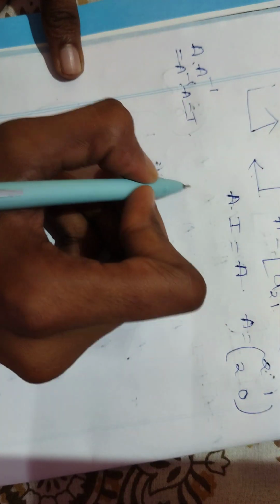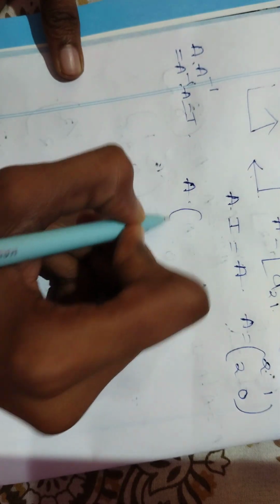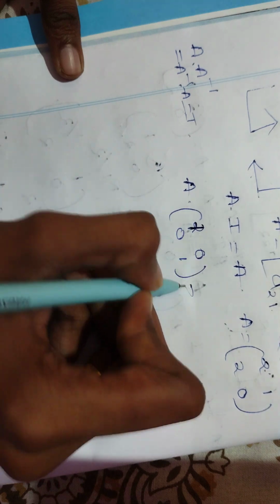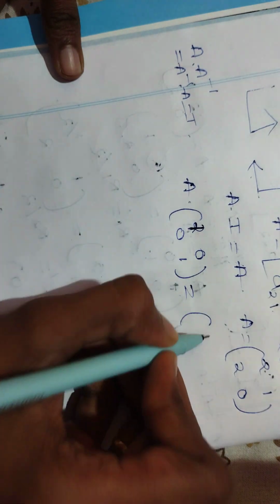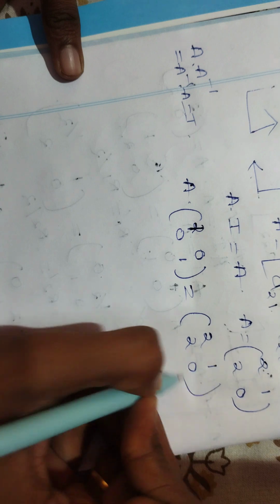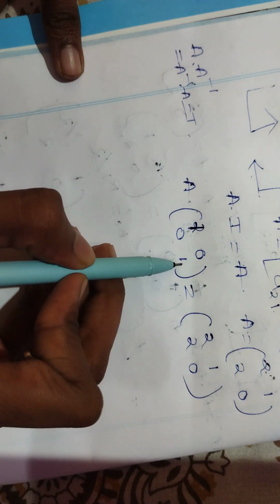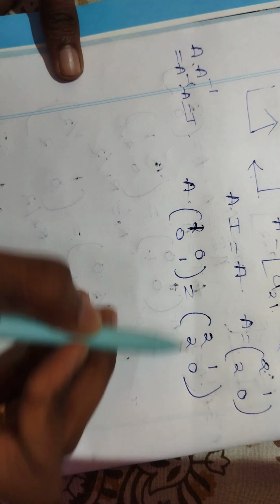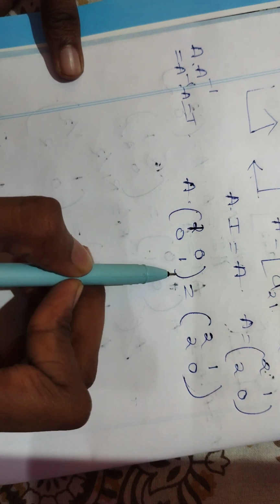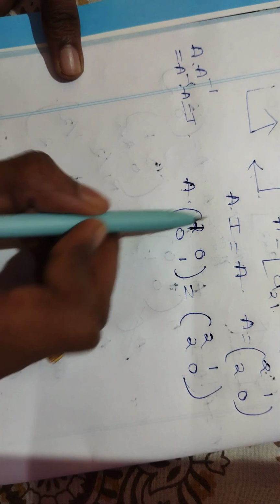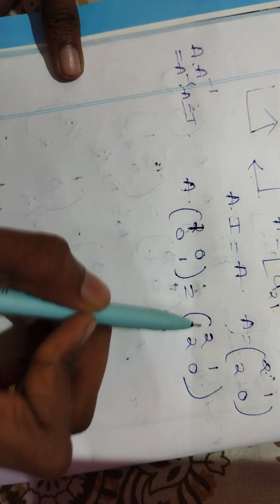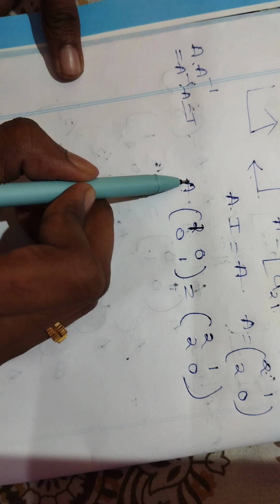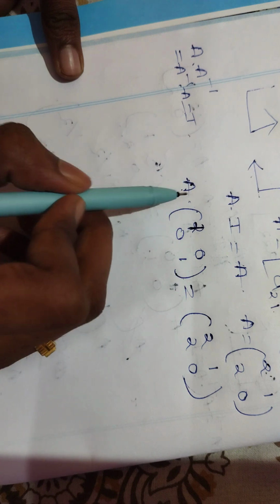So A into I, that is the identity matrix 1 0 0 1, equals A, that is 2 1 2 0. We will transform this matrix and make this one the identity matrix. Then this transformed matrix will be the inverse of A, because A into this transformed matrix will be the identity matrix. This matrix will be nothing but the inverse of A.